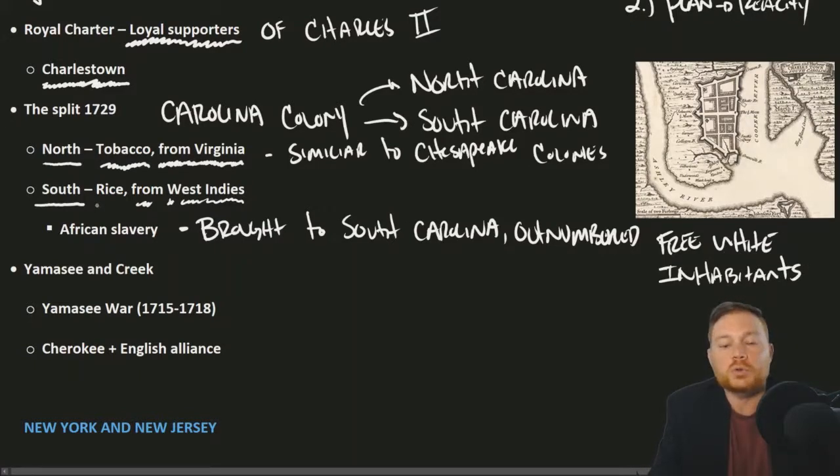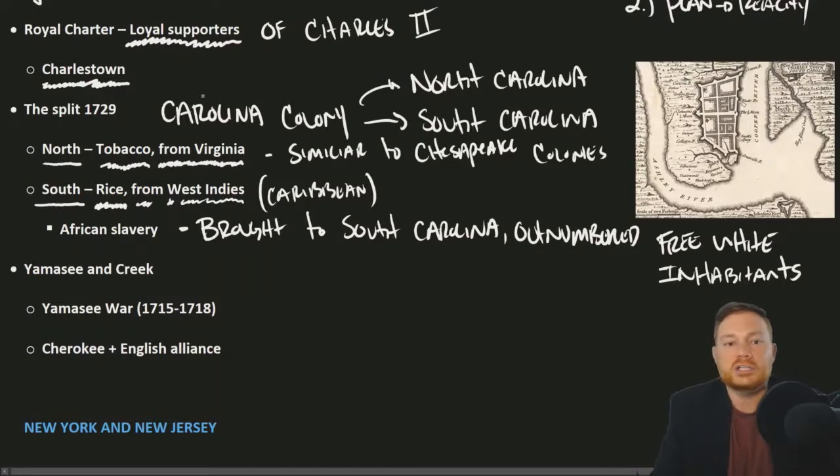Many of the people who moved to South Carolina were former servants that were kicked out of the Caribbean or the West Indies. The West Indies is simply just another word for the Caribbean islands. But they grew rice there, a different version of slavery than you saw in places like North Carolina.